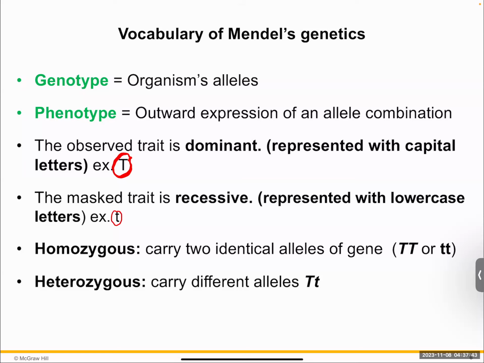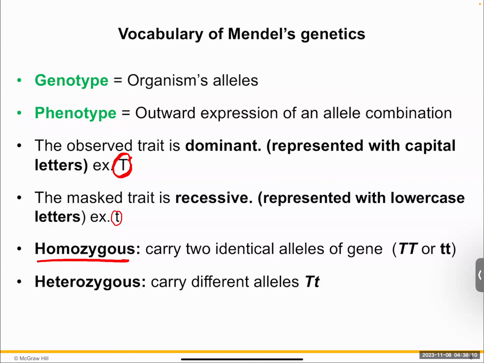Now, because we are diploid organisms, which means we receive a copy from our mom and a copy from our dad, anytime we're talking about a gene, we will have two copies of that allele. If those two copies you're receiving from your mom and your dad are identical to each other, we use the word homozygous.